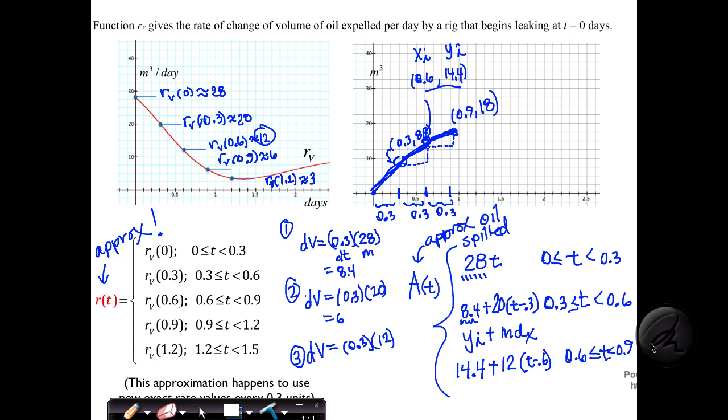This is the numerical version of this, using my approximate values of 28, and then the y values, 28, 20, 12, etc., and then the y values that go with those that we calculated, so we can have a chance of graphing this. But let's take a look at what this would be using more notation.